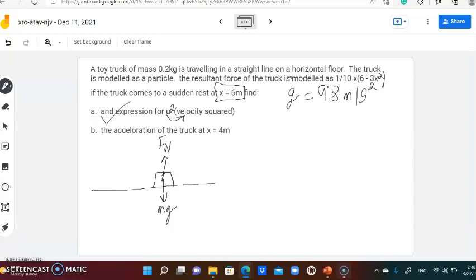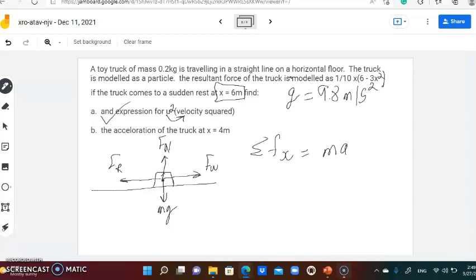That's my normal force. So let us say that my object is going in this direction. There is some force due to work that is pushing on the object in that direction, and of course there's going to be some resistance force that is pushing back. Now, according to Newton's second law of motion, the sum of forces in the x direction is going to be equal to mass times acceleration.